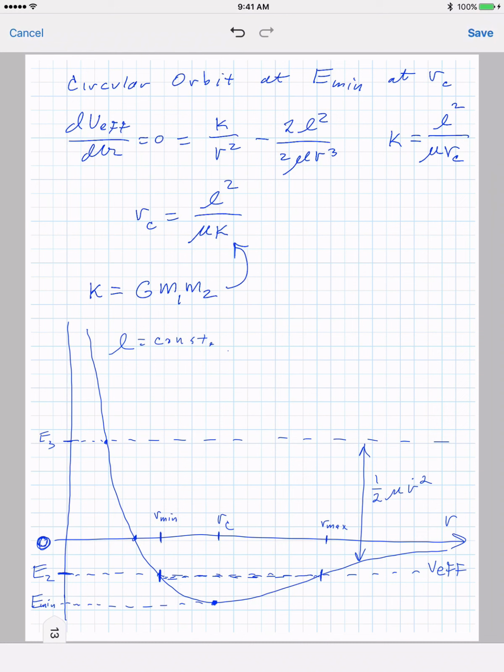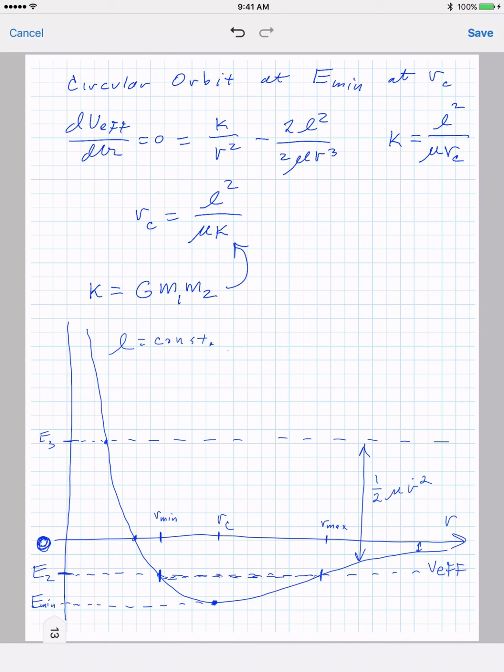So for the unbound orbit, I've got a total energy that's positive with a very high kinetic energy. For the critically bound orbit, which is parabolic, you can see that my kinetic energy, which would be this difference out here, asymptotically goes to zero. And so you can tell then that if you're at this critical orbit that's neither bound nor unbound, in fact your kinetic energy goes to zero when you go off to r equals infinity.